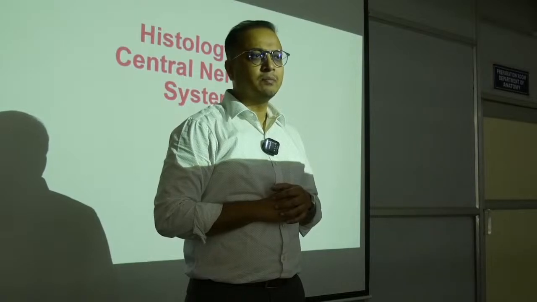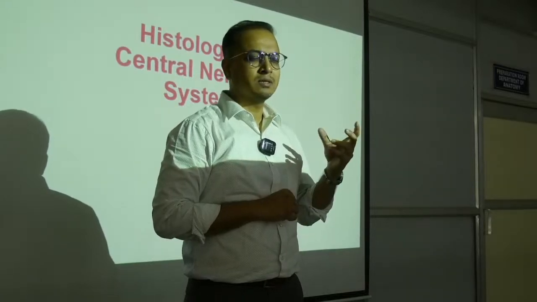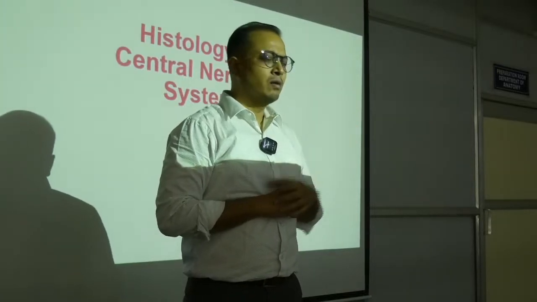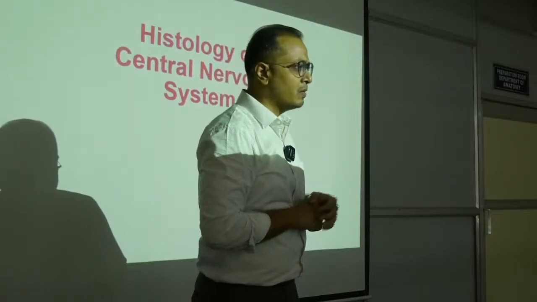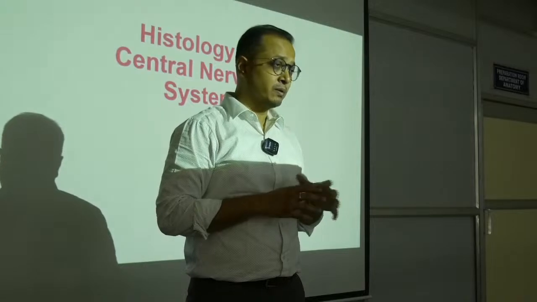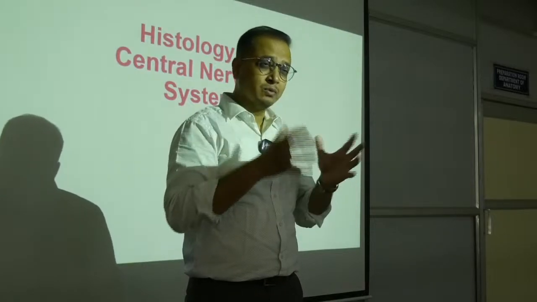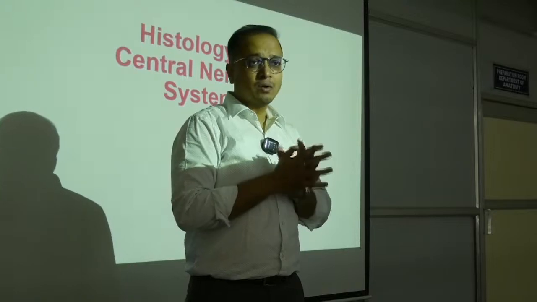It goes down as a continuation of the brain stem, passes through the spinal canal in the vertebrae, and ends at the point we call the filum terminale, which is the lower end of the spinal cord, along with its covering known as the meninges.